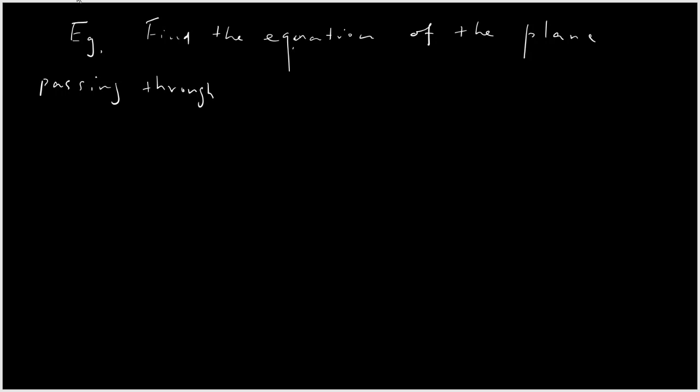Passing through the point P. A point in space has three coordinates. Whatever number you want, so let's say 1, 2, 3. You can imagine the location of the point in space, in the rectangular coordinate space. Find the equation of the plane passing through the point, and with a normal vector.